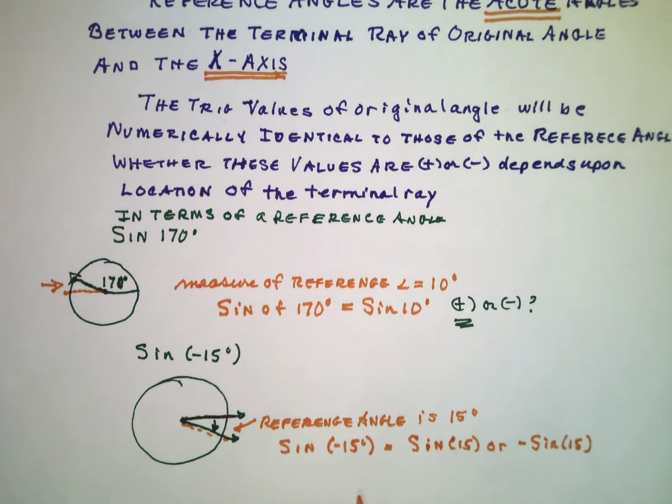Depends on the location, but we know that the sine value for negative 15 is the same as the sine value for the reference angle, whatever number that is. According to this location, the y value is down below center, down below the origin, so the sine of negative 15 degrees in this case will be the opposite of the sine of 15 degrees. It will be the opposite of the sine of the reference angle. That was a strange little problem.